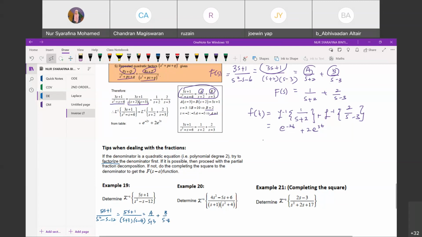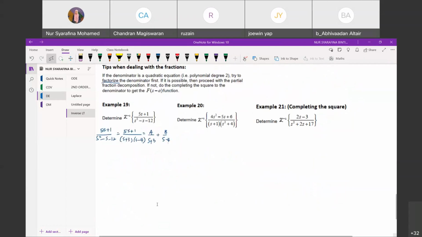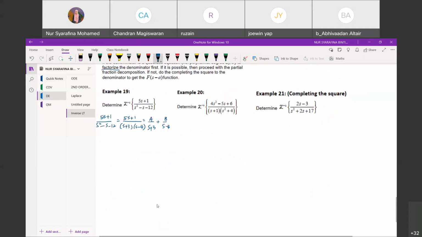Okay. So from here, as you can see, Li Zong has solved the value of A and B, where you have A equals to 2, B equals to 3. Then you just can find the inverse transform. Find A and B, you got A is 2, B is 3.